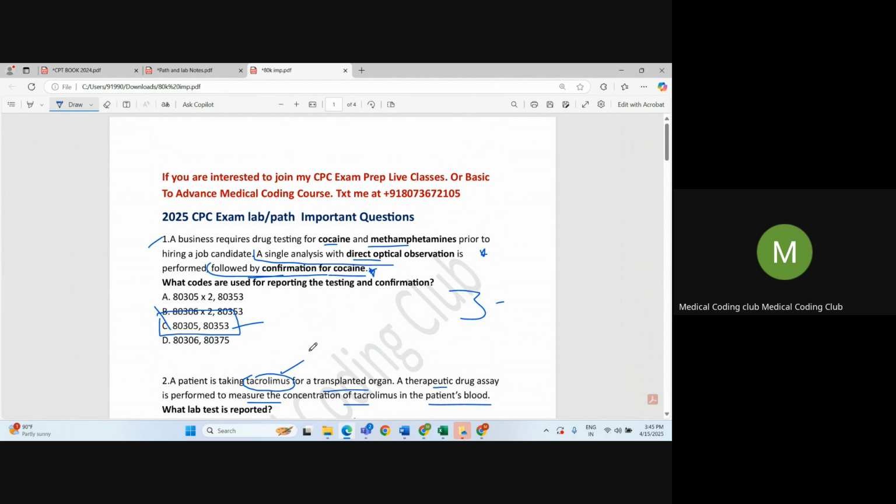So we have many things to learn, and again chromosome analysis, we have reproductive medicine, and also growth hormone calculation, and many things. Still pathology and laboratory have more sections to discuss.